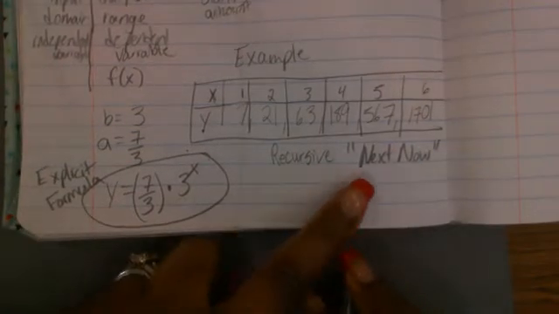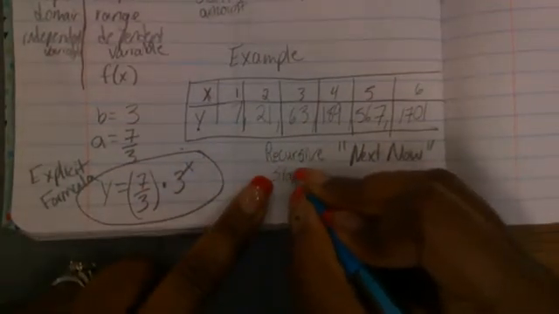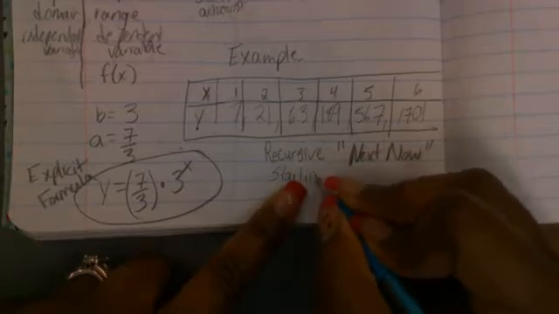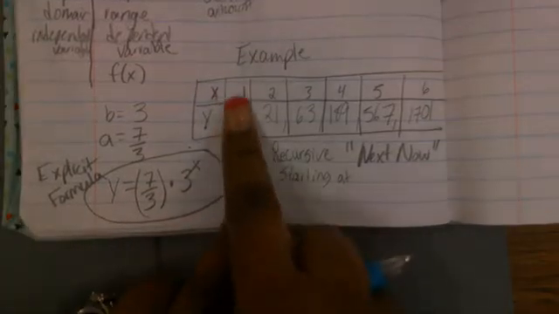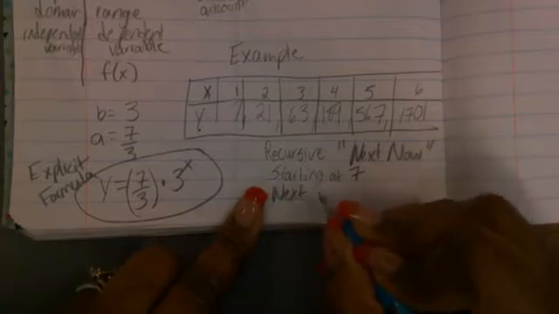So my next now formula for this, you always generically have to say what you're starting with. And it doesn't matter if it's your zero number or not. The first number that they gave you is what you're starting at for this next now.